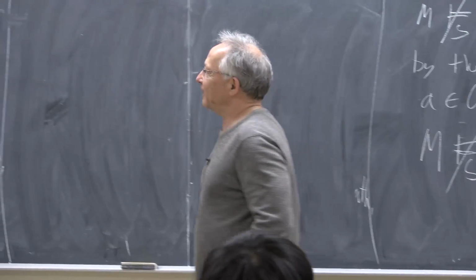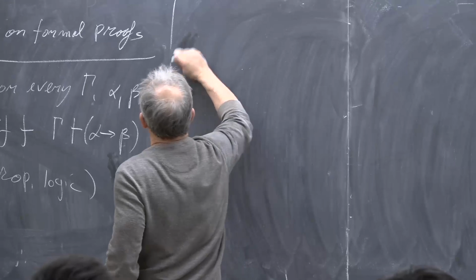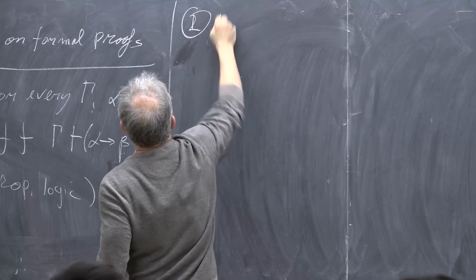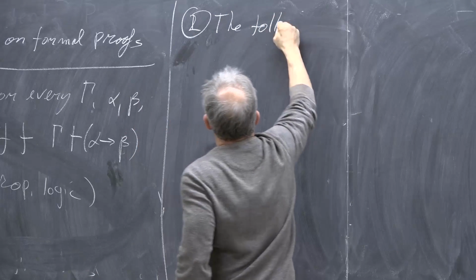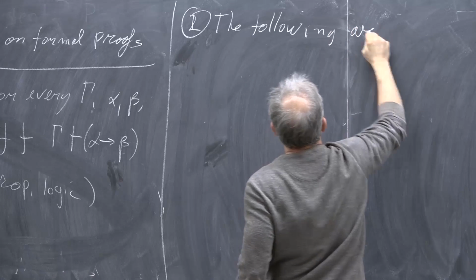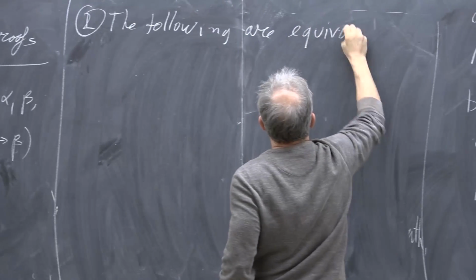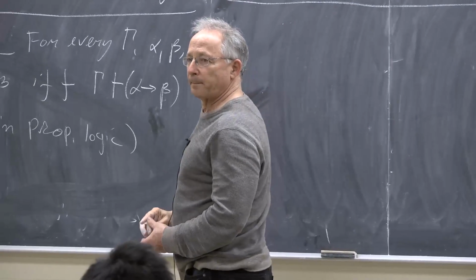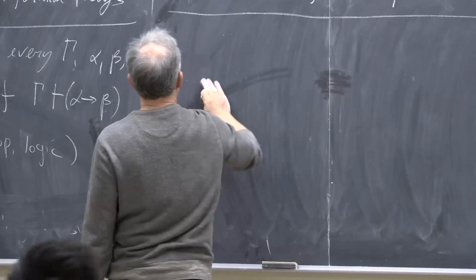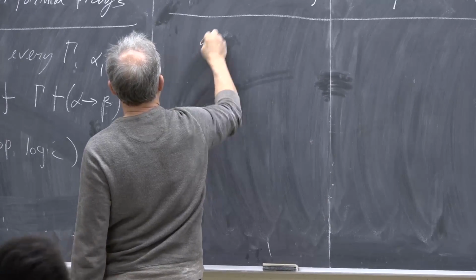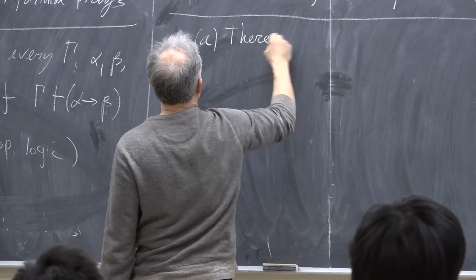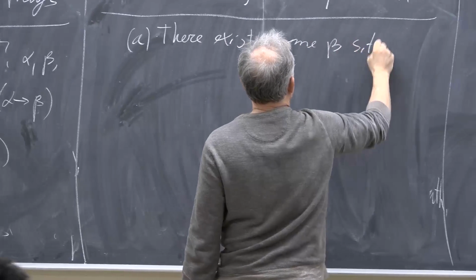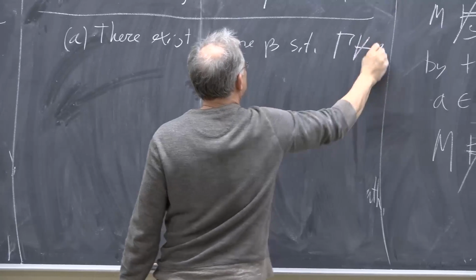Okay, so the next one, theorem 2, says the following are equivalent. One of them is saying that there exists some beta such that gamma cannot prove beta.